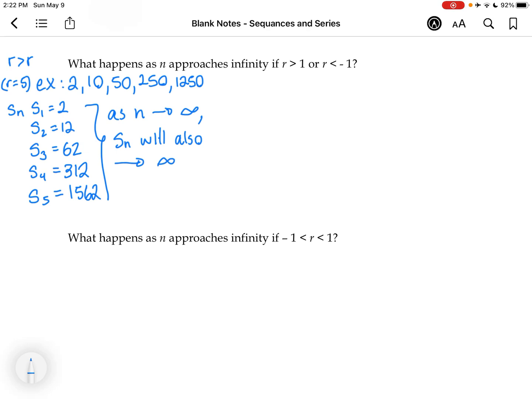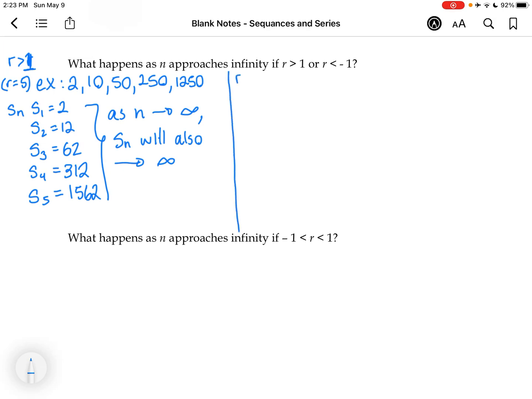When n is 1, the sum is 2. When n is 2, the sum is 12. When n is 5, the sum is already in the thousands. Whenever the common ratio is bigger than 1, this is what happens.